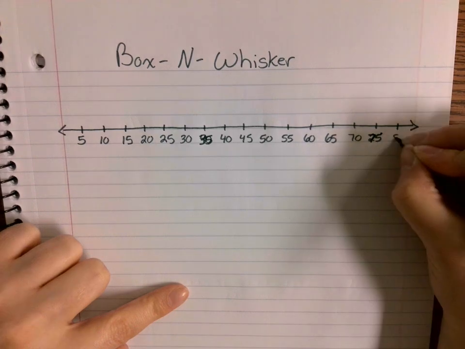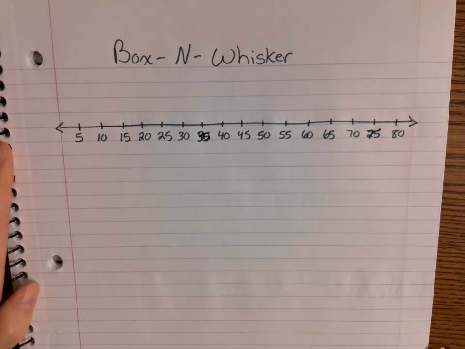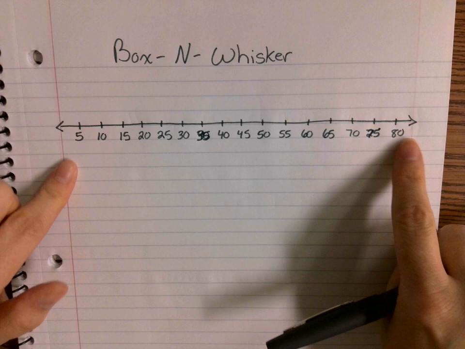Okay, so my number line starts at 5 and I wound up going up to 80 based off of how far apart I was able to spread the numbers.